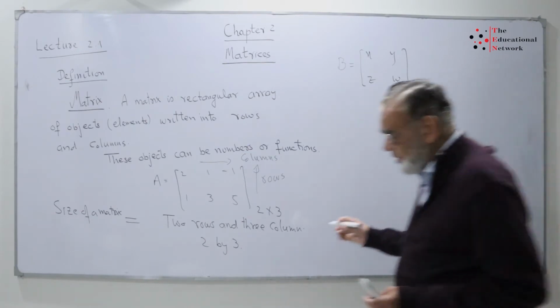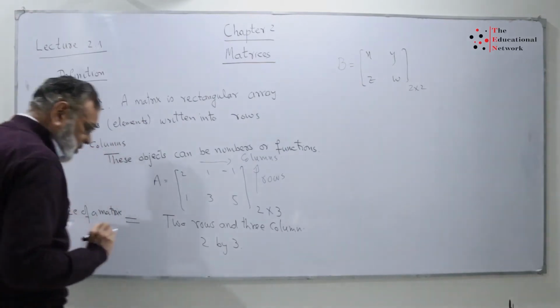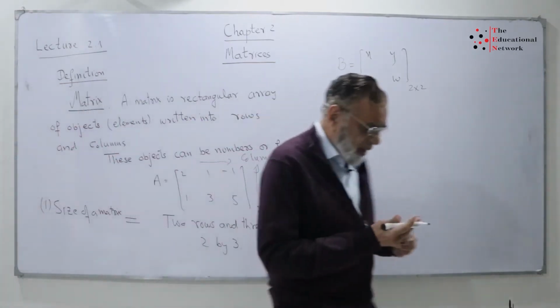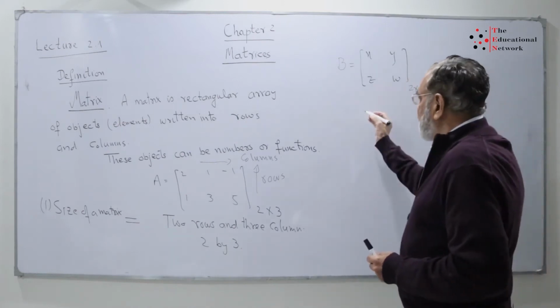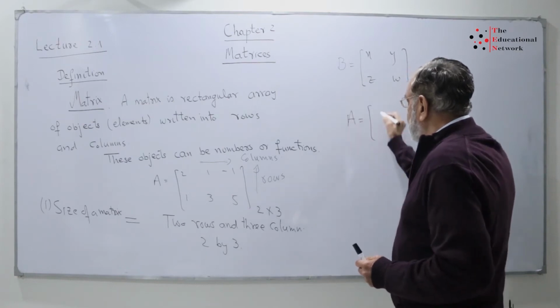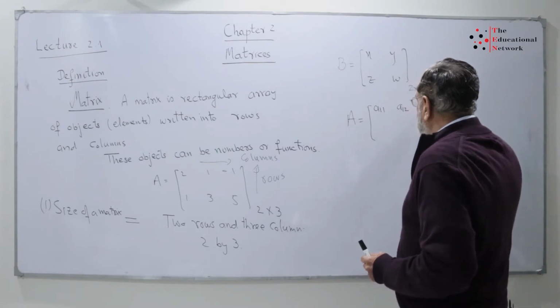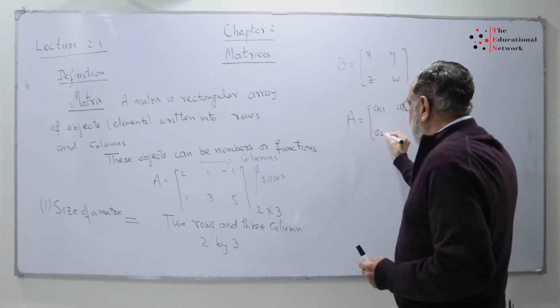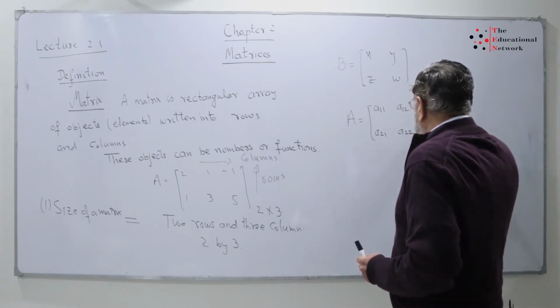So the first one was the size of the matrix. Here I want to introduce one notation. We can write a matrix in the following form. For example, matrix A is A11, A12, A13, A21, and in general form A22, A23, and so on.